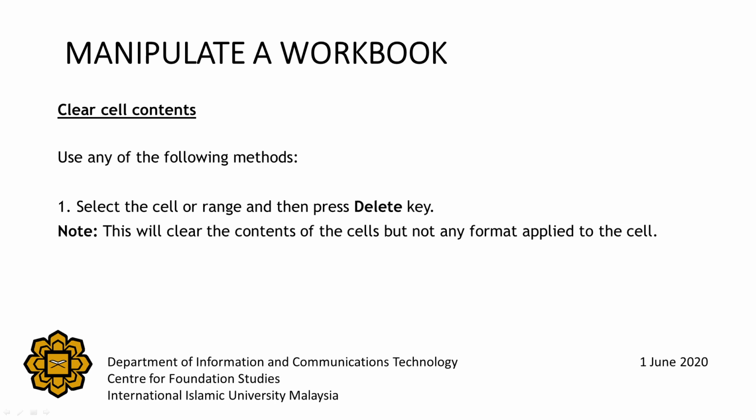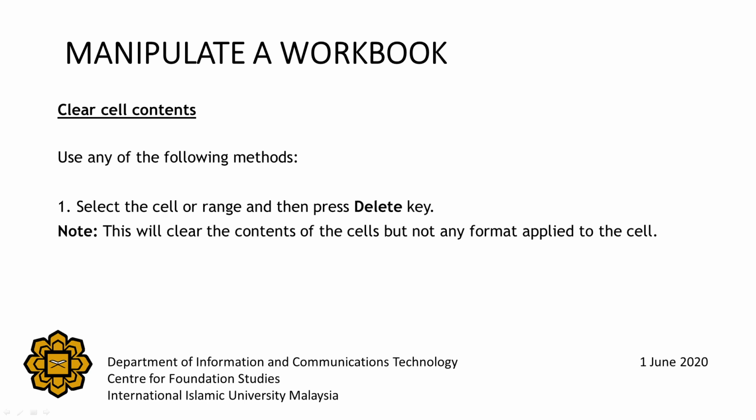Actually, Microsoft Excel provides various ways of deleting data in the sheet. For example, you can delete with the mouse by right clicking on the sheet and choosing the delete option. The other way is you can use the delete key or delete button on the keyboard, and it will delete the selected data.